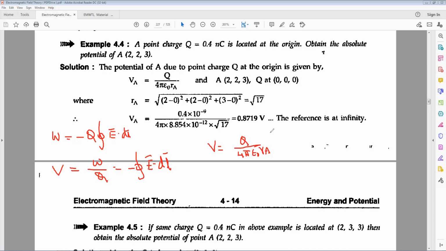If having RA and RB, we have VA minus VB. What is VA?